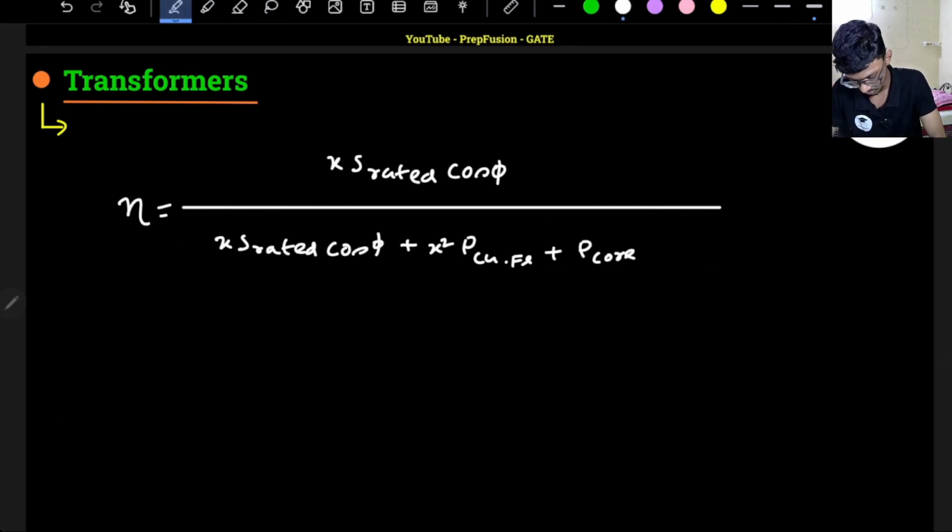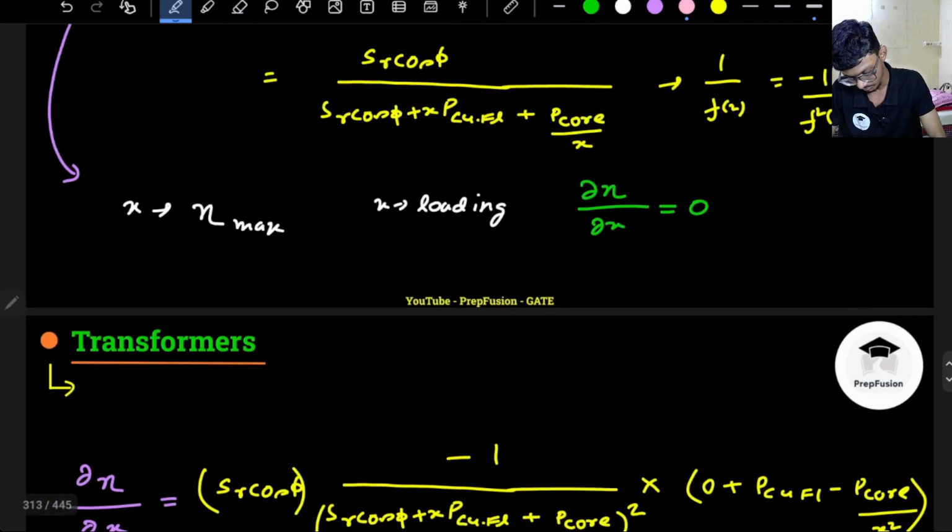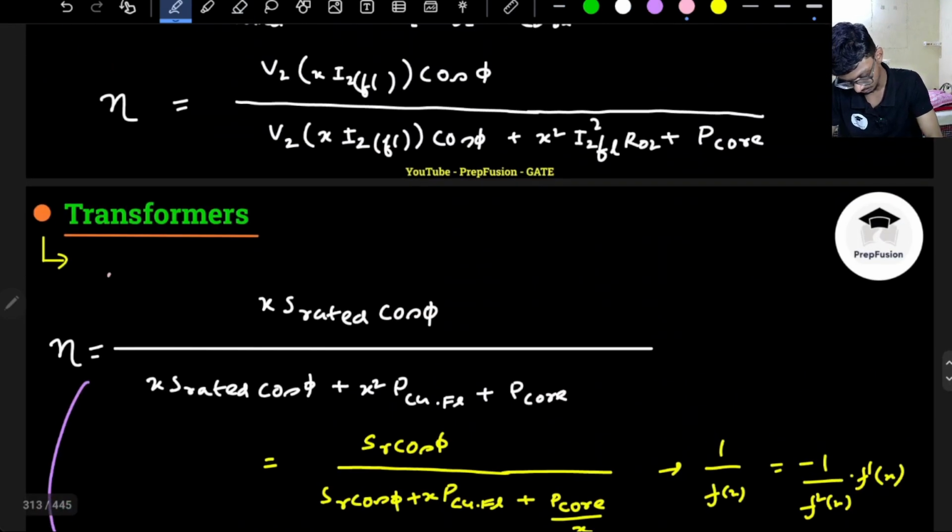So I will differentiate with respect to phi. So this is the case 2 where my phi will be variable. Here my load was variable. And of course cos phi is constant.